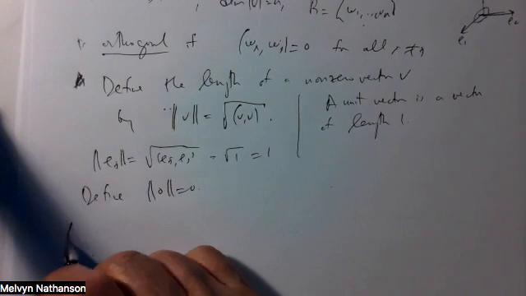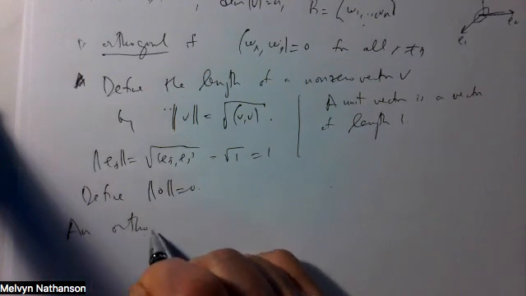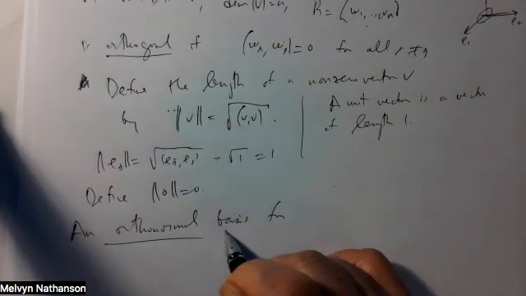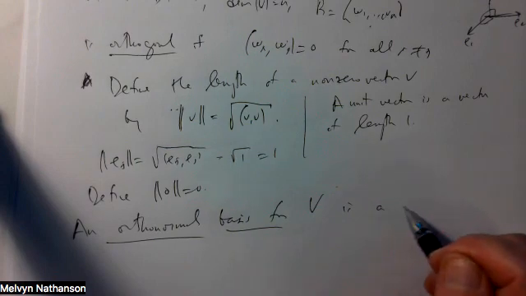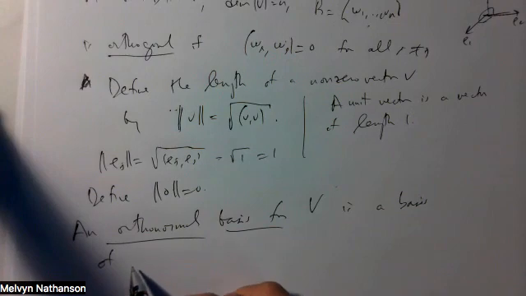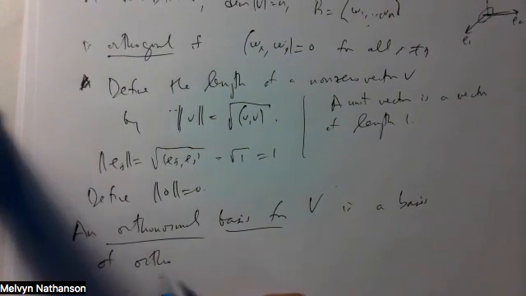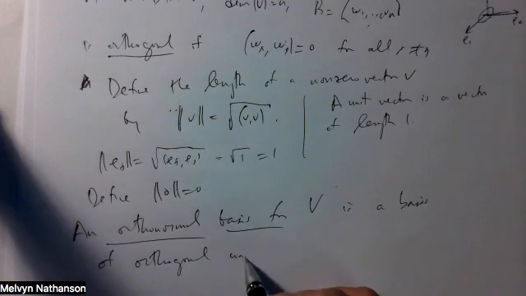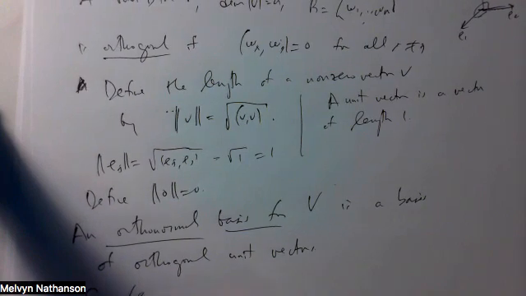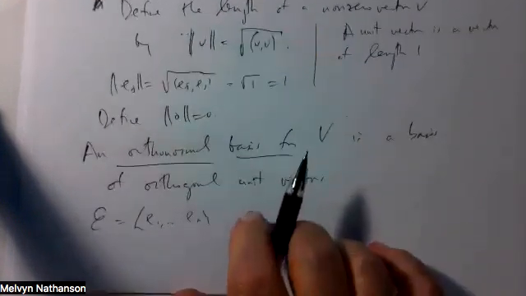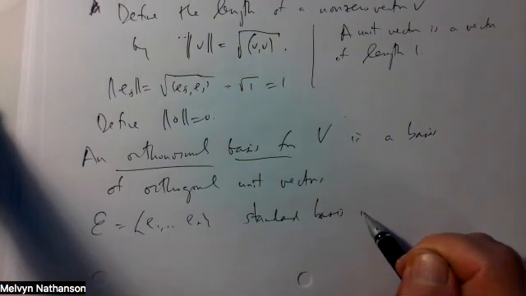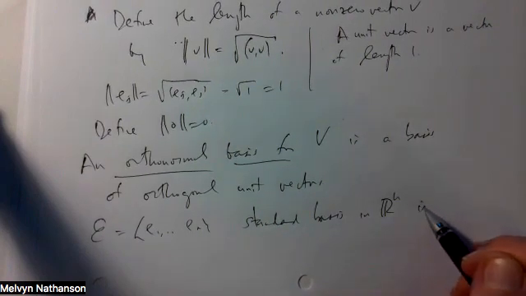And an orthonormal basis for V is a basis of mutually orthogonal unit vectors. So for example, the standard basis e_1 up to e_n, this is the standard basis in R^n, is orthonormal.